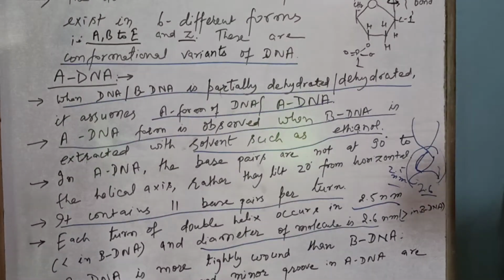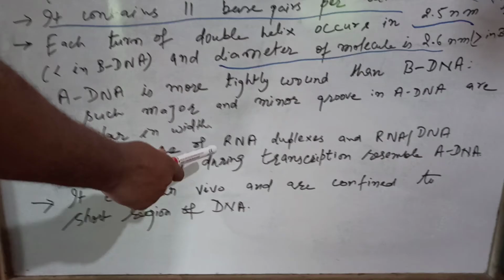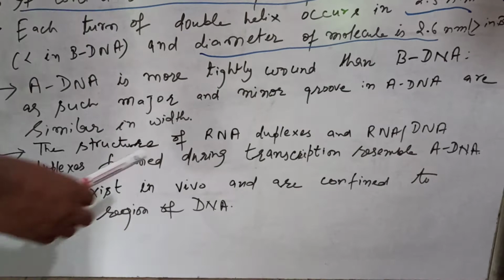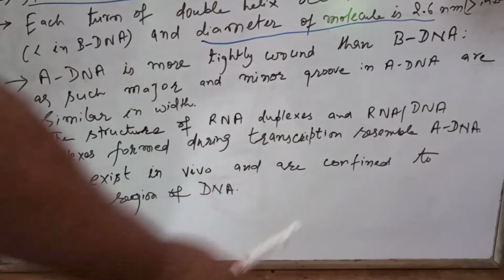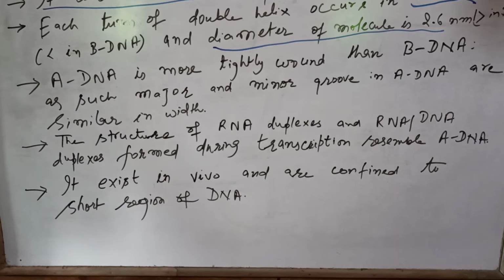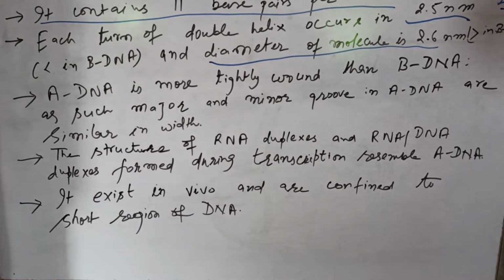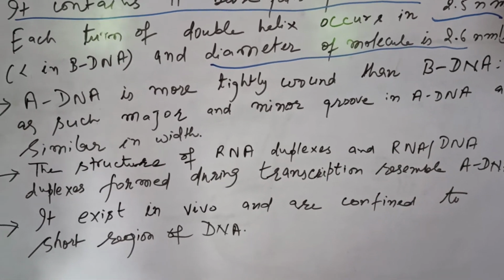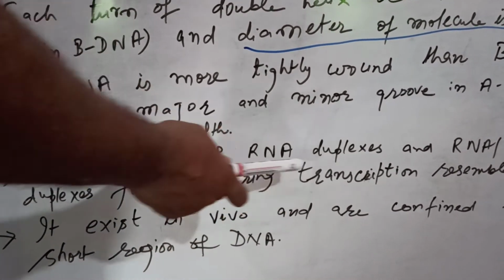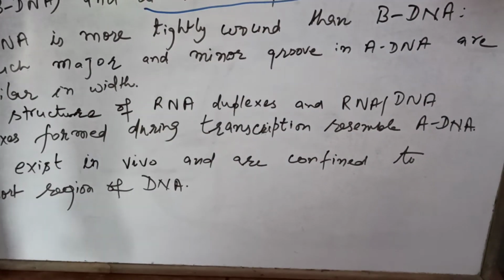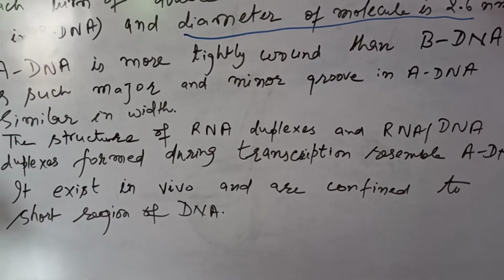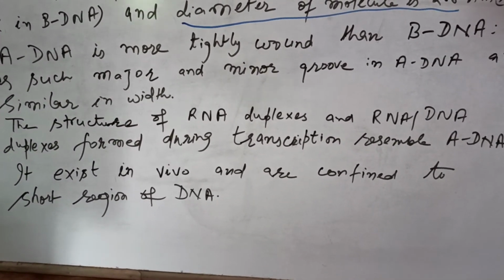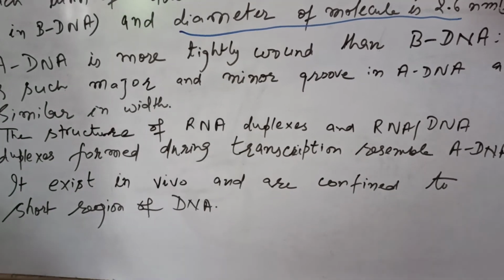Okay, another thing is the structure of RNA duplexes. Now this is very interesting. The structure of RNA duplexes and RNA-DNA duplexes formed during transcription, that is, synthesis of RNA from DNA, resembles A-DNA, and as I told you, A-DNA exists in vivo and is confined to short regions of DNA.